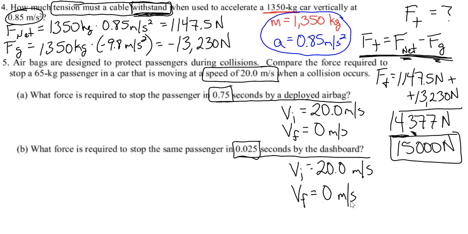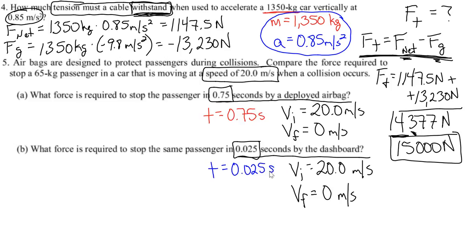And then we are given separate times for each of these. So the time for the deployed airbag is 0.75 seconds. The time for the dashboard is 0.025 seconds.